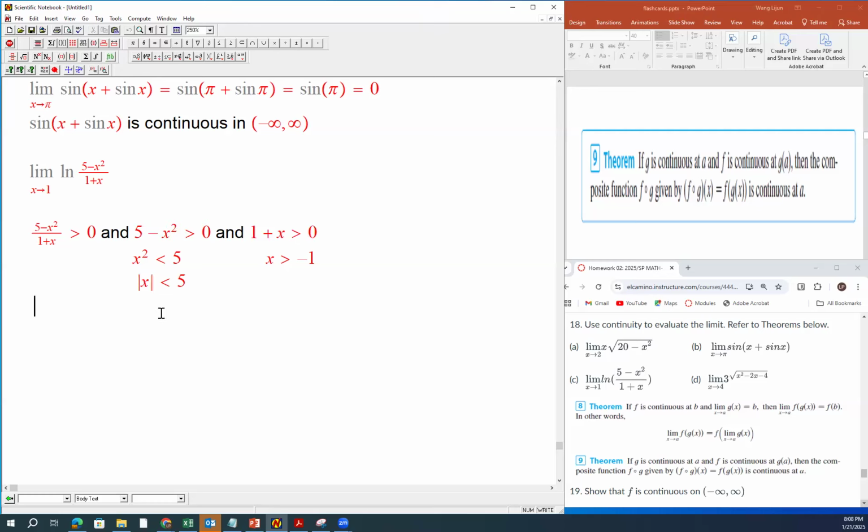Because in this case, we get negative root 5 less than x less than root 5, and on the other condition, logically, we have to make sure x is larger than -1. So combining these two, we will get the domain: x must be larger than -1 and less than root 5.